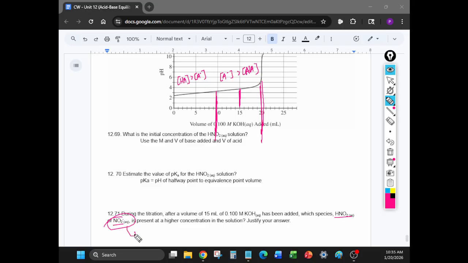The reasoning is because you are past halfway equivalence point, and you can say something along the lines of more than half of the weak acid has been neutralized.